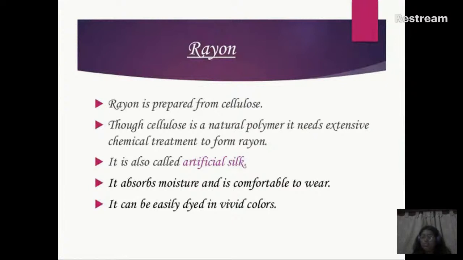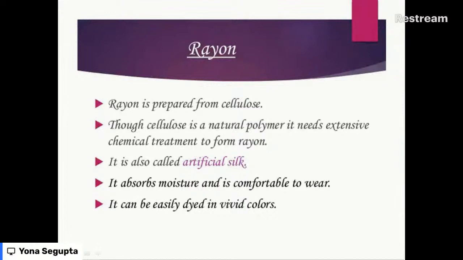Now, you have already read in our previous class, class 7 rather, that silk fiber obtained from silkworm was discovered in China and was kept as a closely guarded secret for a long time.